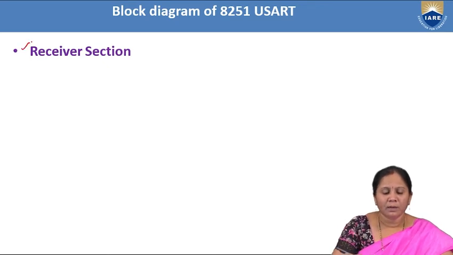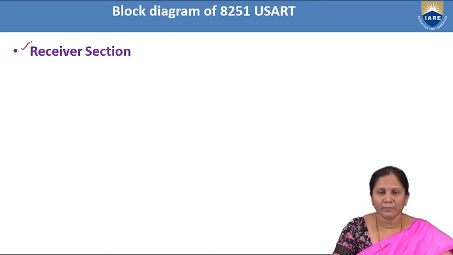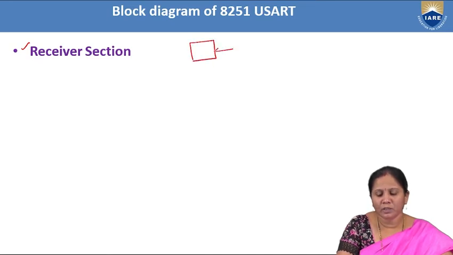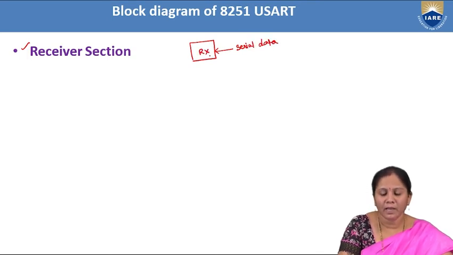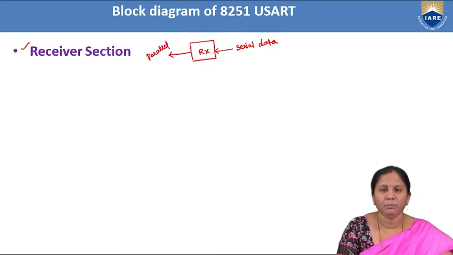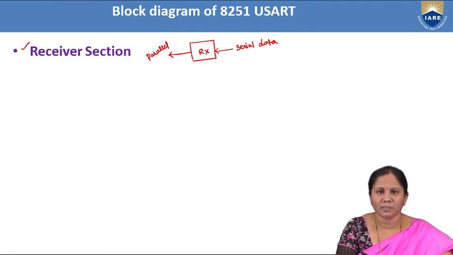Next, coming to the receiver section. Here the receiver is going to receive the information that has been transmitted by the transmitter. The transmitter has transmitted the serial data, so the receiver is going to receive that serial data, and it will be converted into parallel form, and that parallel information will be given to the microprocessor.